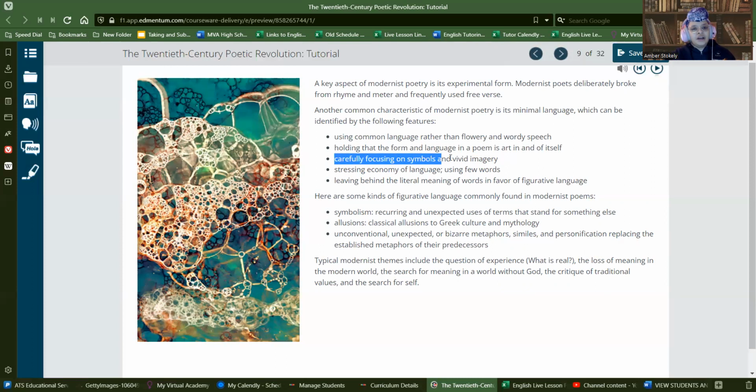Carefully focusing on symbols and vivid imagery. Now we go into what symbolism is in just a little bit. But basically the long story short is when you use ideas or objects to represent an idea, that's what a symbol is.